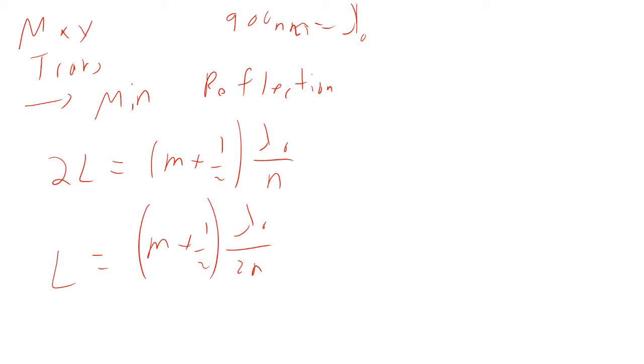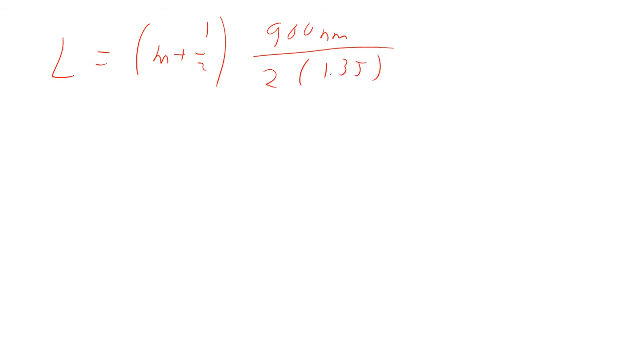Okay. And lambda naught is 900 nanometers, n is 1.35, so L equals (m plus 1/2) times 900 nanometers over 2 times 1.35. Now, m can be a variety of things right here. So m can be equal to 0 or 1 or 2 or 3 and so forth.